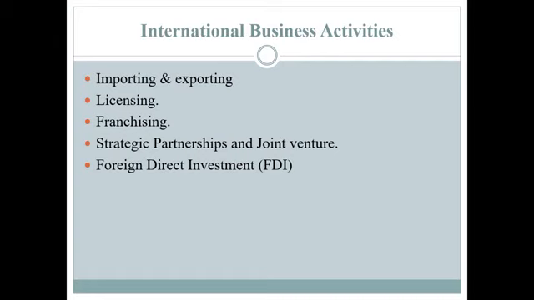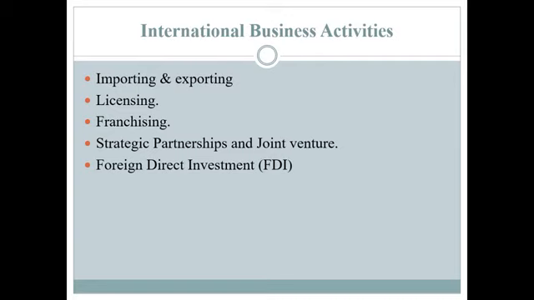Franchising is different from licensing in that franchisees have to follow much stricter guidelines. Moreover, licensing is more about manufacturers, while franchising is more popular with restaurants, hotels, and rental services. For example, McDonald's, KFC, Pizza Hut, and so on.